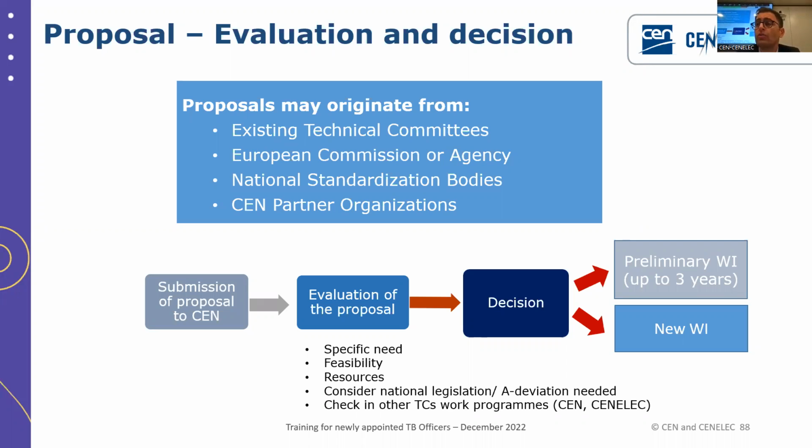Please remember that the preliminary work item within the 3 years can be activated at any time at the choice of the TC. But I would say that the most common would be to go with a new work item.